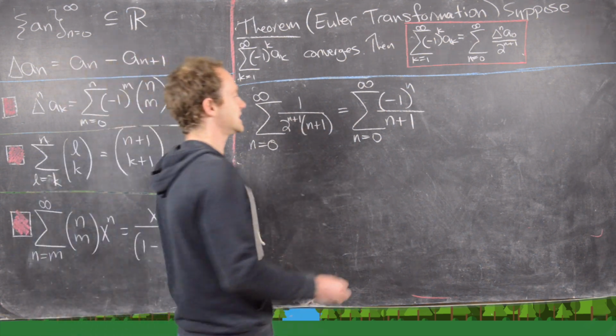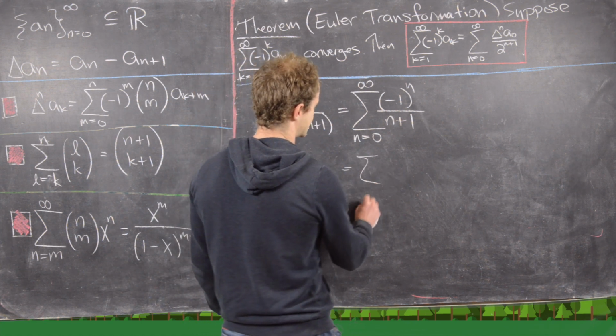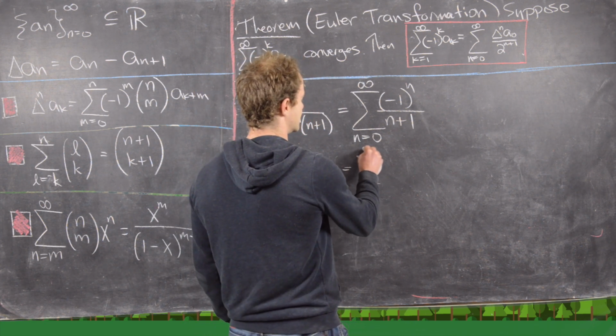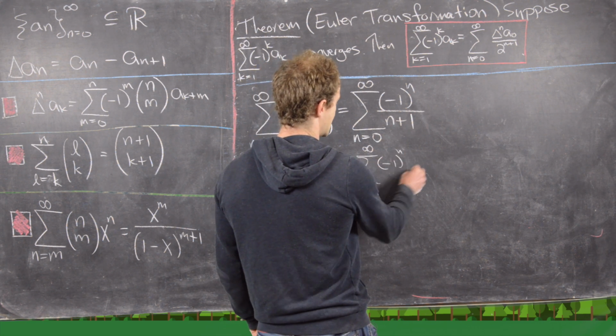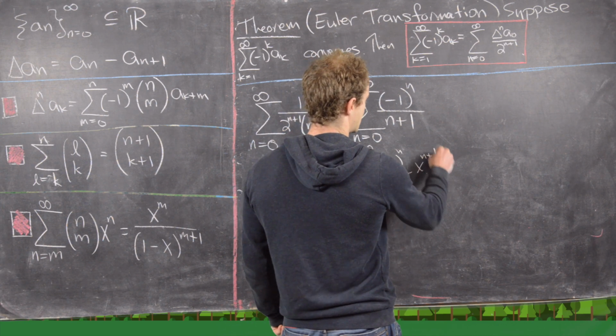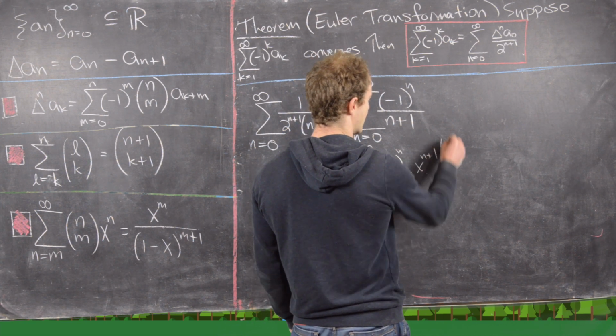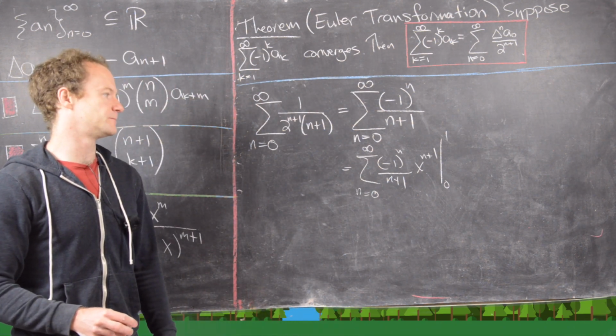Okay, great. So let's notice that this is the same thing as the sum from n equals 0 to infinity of minus 1 to the n over n plus 1, and then x to the n plus 1, where we have evaluated that from 0 to 1.